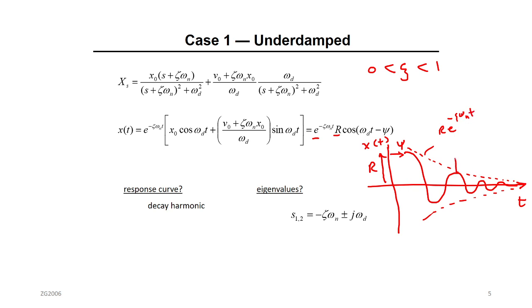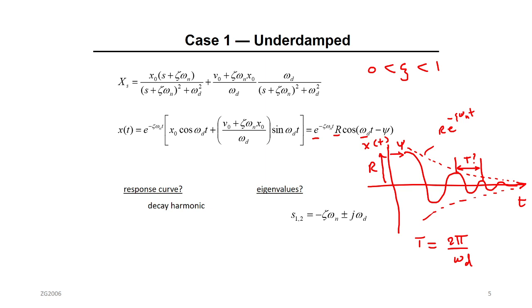What about this period? We should know the period, otherwise we cannot draw. How much is this period? Yes, the period can be derived from the frequency of the oscillation, which is 2 pi over omega d. Omega d is given from the solution and can be easily calculated from the damping ratio and the natural frequency, starting from the equation of motion.